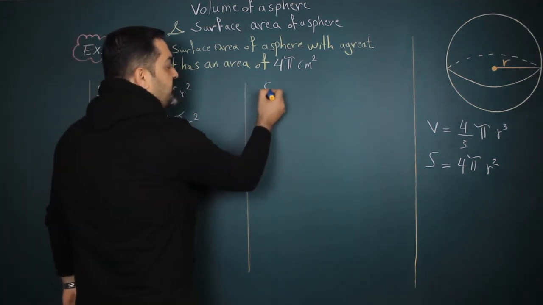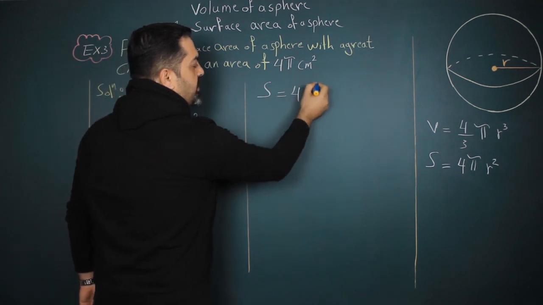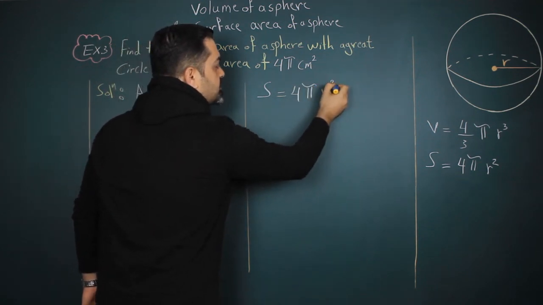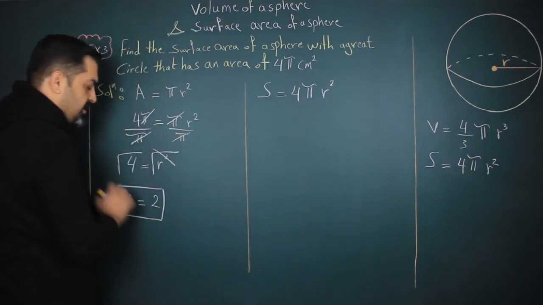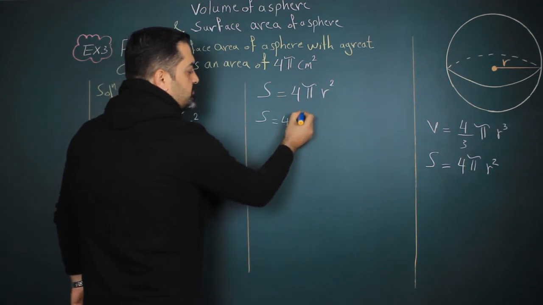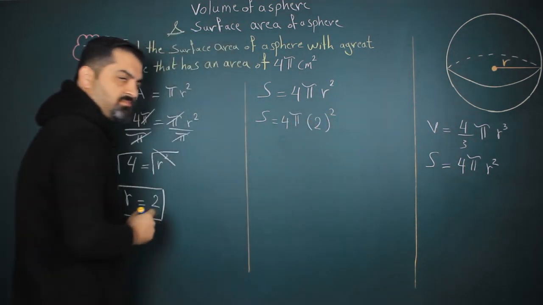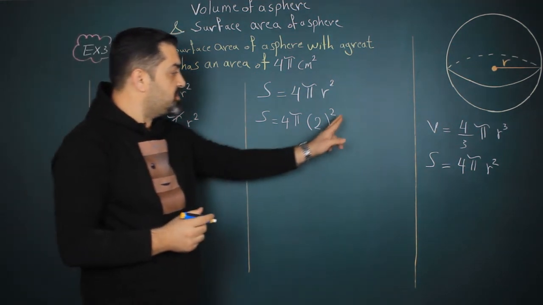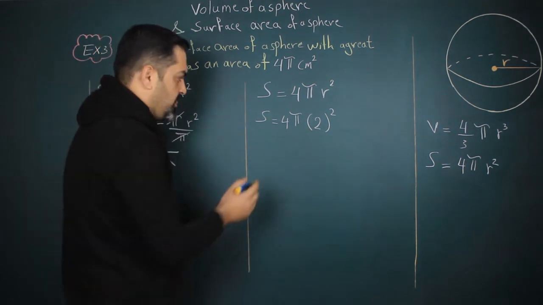The surface area is equal to 4 times pi times r squared. Now plug in the value of r. S is equal to 4 times pi times 2 squared. 2 squared means 2 times 2, which is equal to 4.